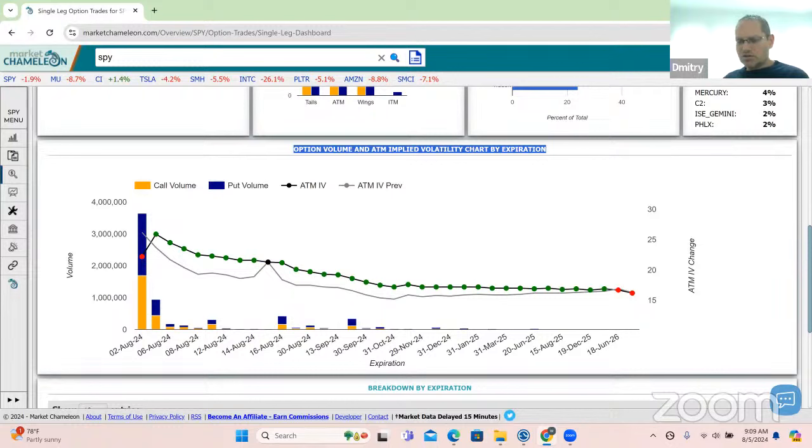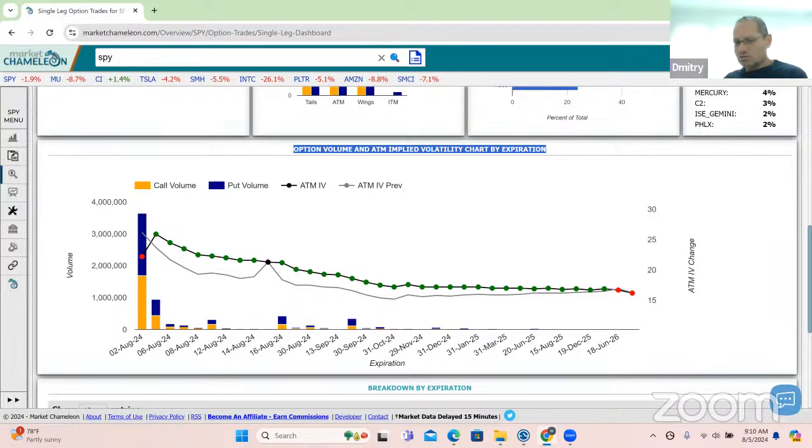And what you see here visually, graphically, are a couple different things. One is we're looking at the trade volume, the distribution of trade volume in the single leg trades, calls and puts in SPY, and we see it based on the different option expirations that are available.